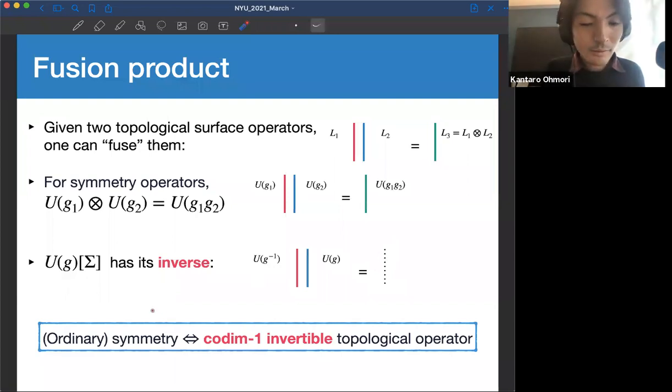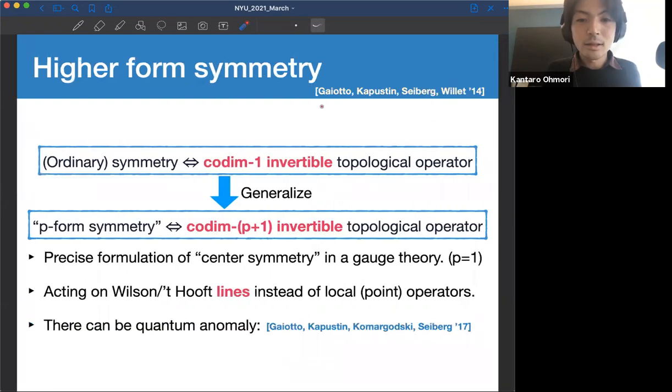Okay. So in summary, the ordinary symmetry operation is in one-to-one correspondence to a codimension 1 invertible topological operator. That's the starting point of the generalization. Gaiotto, Kapustin, Seiberg and Willett dropped this codimension 1 criterion and called it the p-form symmetry.